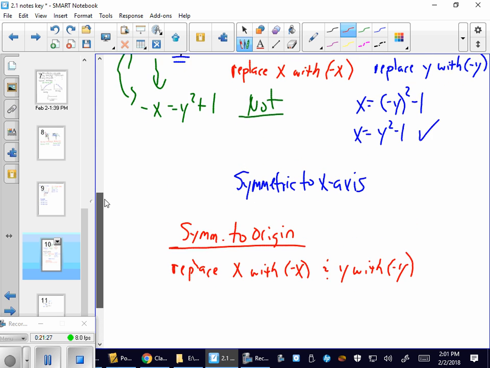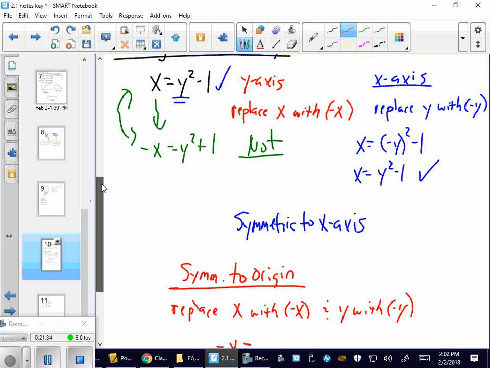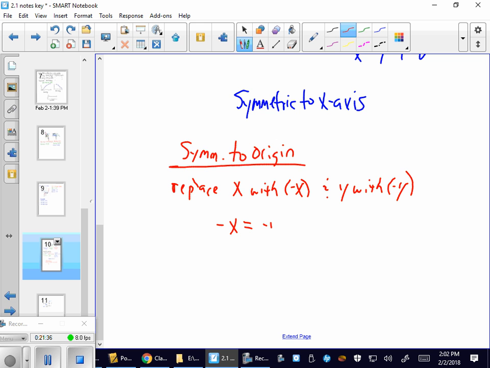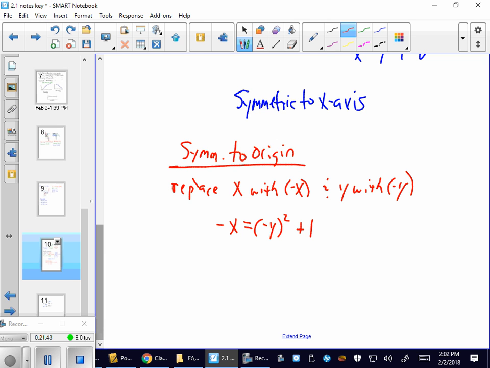So we'll go back up. I'm going to replace x with negative x, so that'll give me negative x equals, replacing y with negative y will give us negative y squared, and I think it was a plus 1, plus 1. Simplifying that, I get negative x equals y squared plus 1. This is not the same. So it is not symmetric to the origin because that's not exactly what we started with. So those are your three tests.